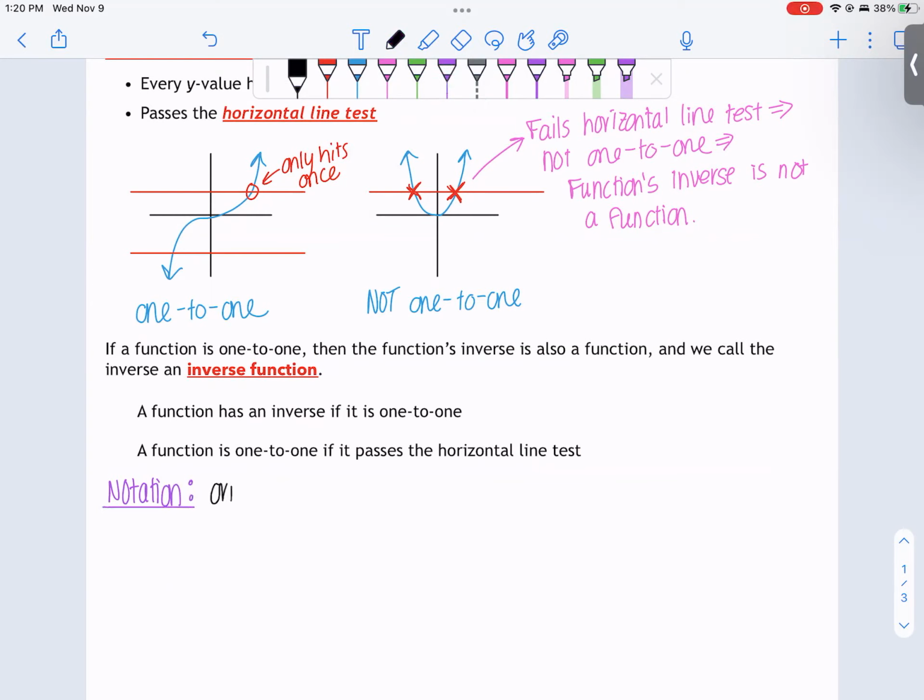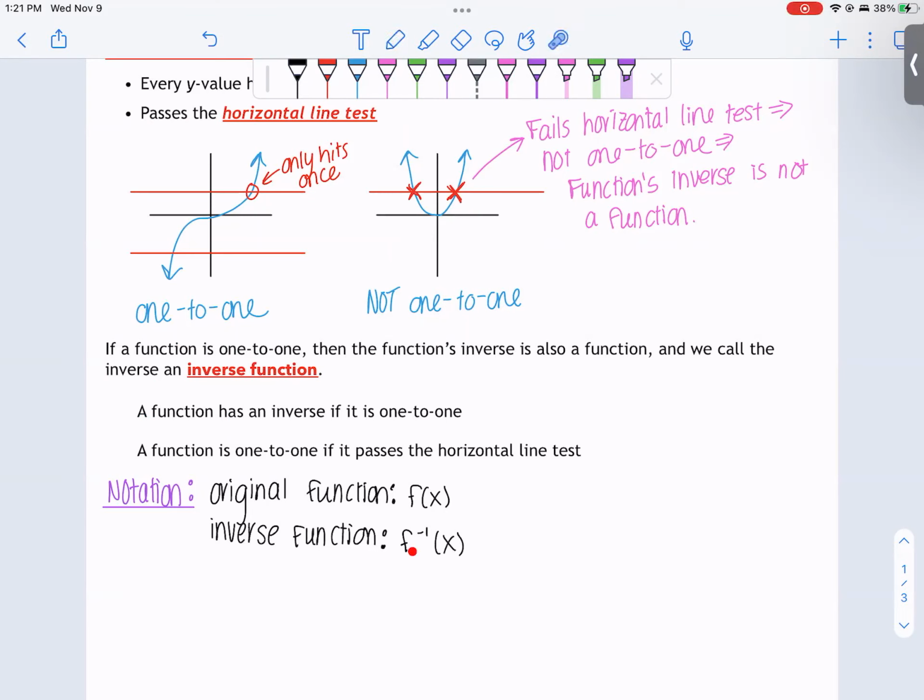If your original function is f of x, then the inverse function of f of x is denoted this way, with a little -1 here.